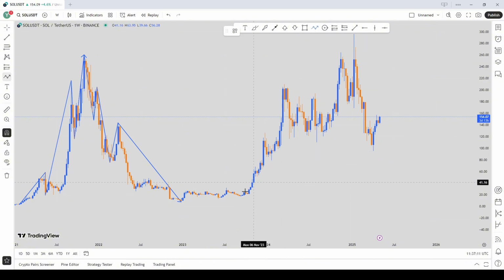The price returned inside the FTR. At this point, the range from top to bottom is the limit of this FTR. The price reversed and registered its all-time high.